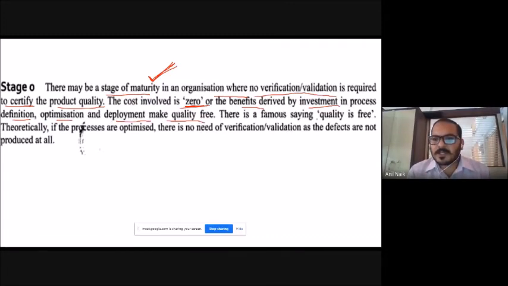There is a famous saying, quality is free. Theoretically, if the processes are optimized, there is no need of verification and validation, as defects are not produced at all.